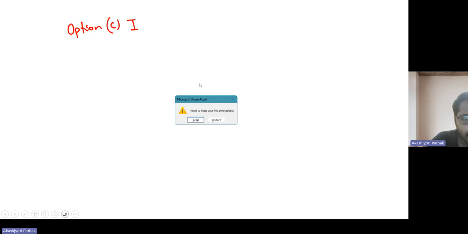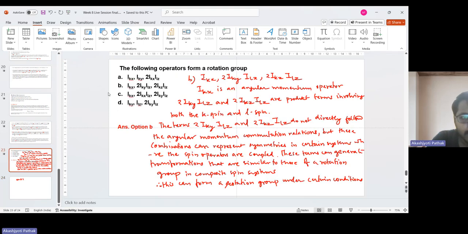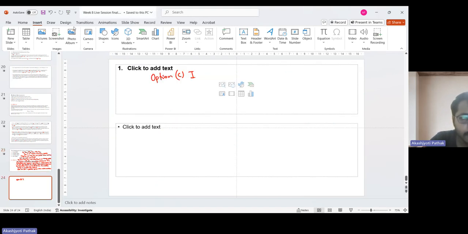Now, in case of option C, what was wrong? What was option C? Let's check it. Option C was IKX, 2IKX ILZ, 2IKY ILZ. Write it down.